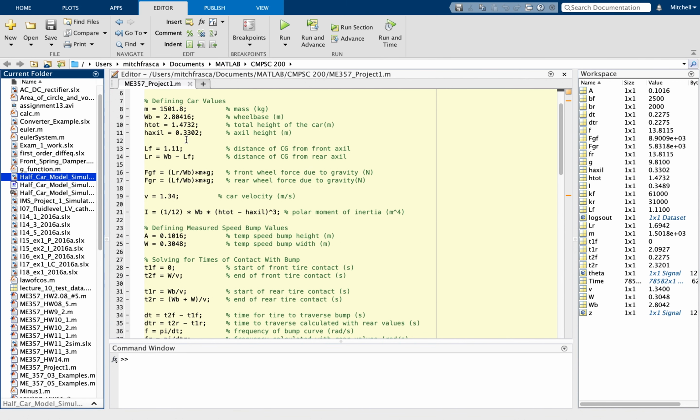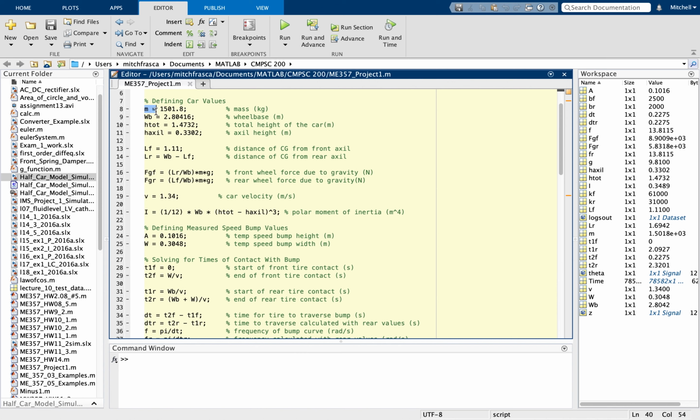So now in the MATLAB file, we can see these are all the values that I previously defined in this section. Additionally, we can enter car velocity here for any experimental data or any velocity that we're curious about.